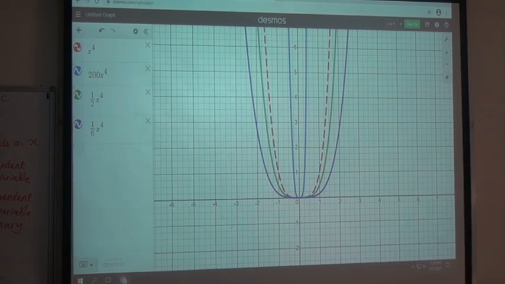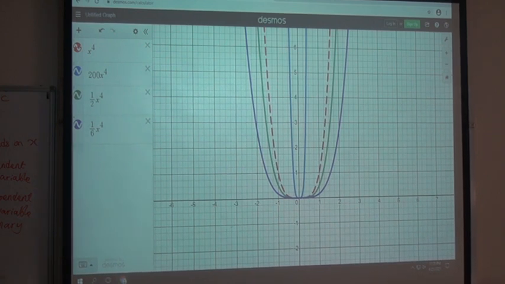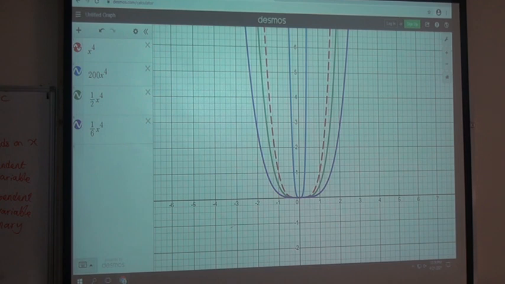Vertical stretch. A corresponds to a vertical dilation of the curve by the scale factor of A.